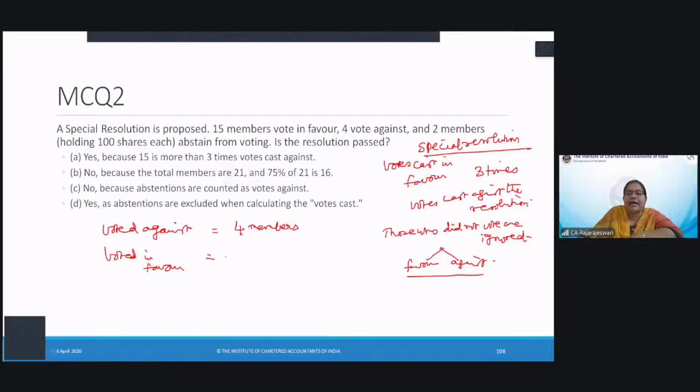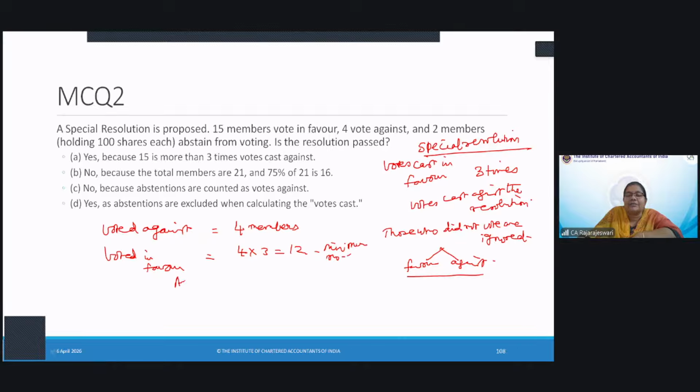As per the Act, you require 4 into 3, that is 12 members, as the minimum number of members to have voted in favor. Only then is the resolution passed.